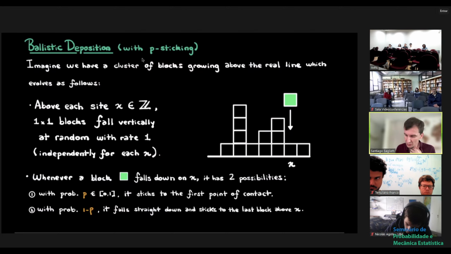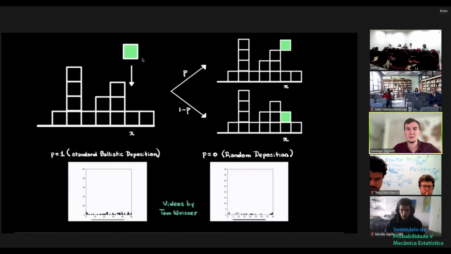In this case, that would be this corner right here. I will show you a picture afterwards. And with probability 1 minus P, if the coin is tails, it will disregard the first point of contact and go straight down on top of the last block sitting above x. I'll show you a picture, it will be more clear.